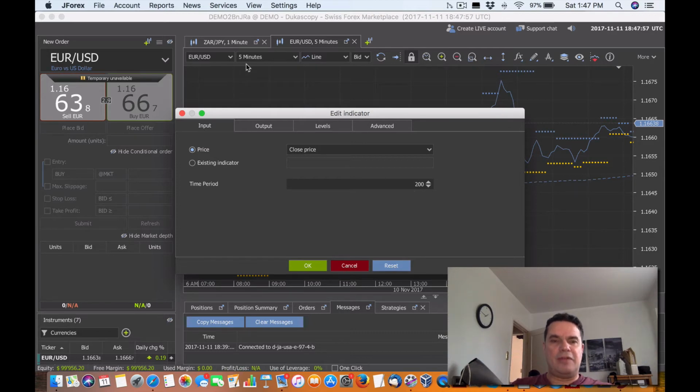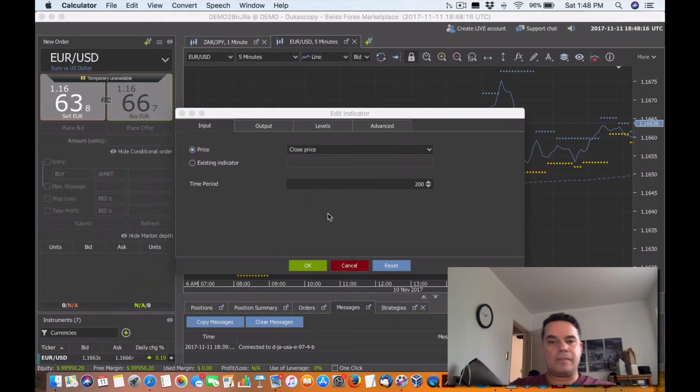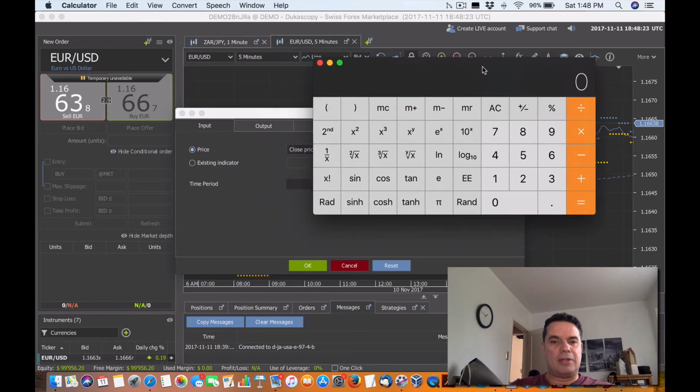So if we factor in a 5 minute period, I'm just randomly guessing here. This is not the final set of parameters, just experiments that I'm going to use. So if I pull up a calculator, what we want is, the markets will trade for 24 hours, right?